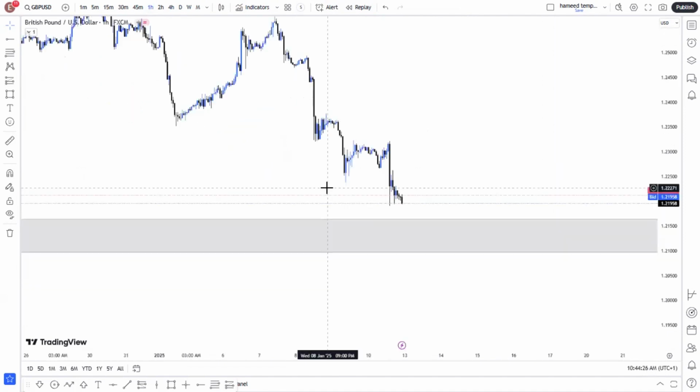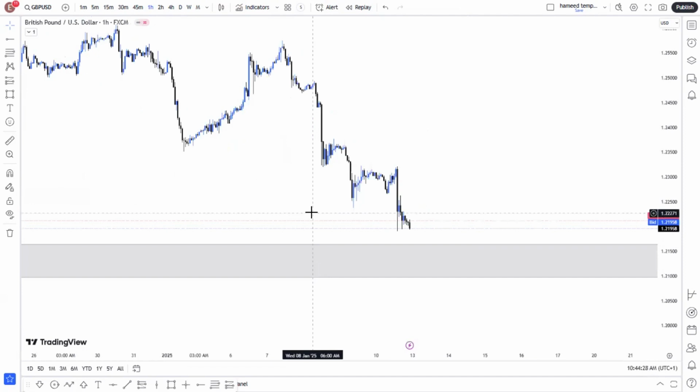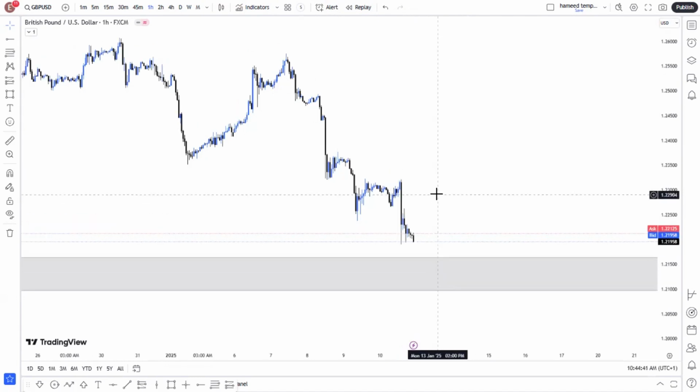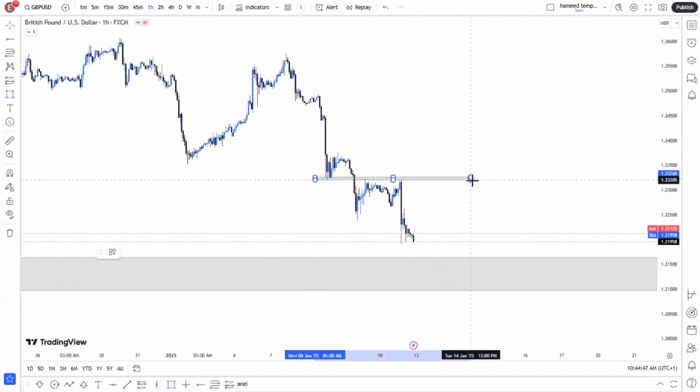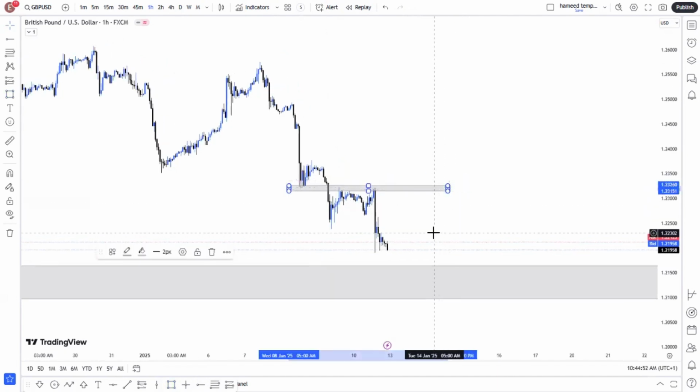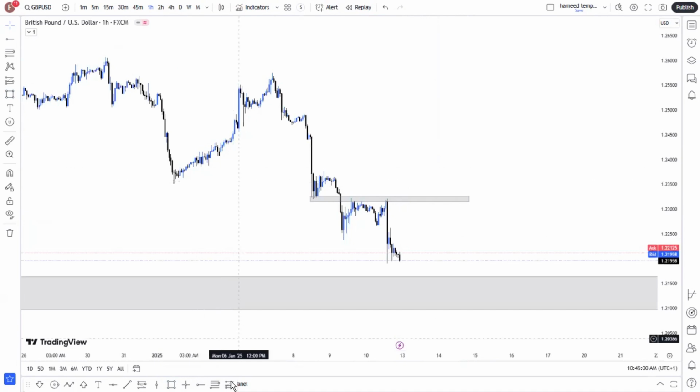But I'll be marking my zone so that if price retraces back to this level, the market may retrace back to this level before it comes down. So where will I be joining the trend? Let me say around here. This is a resistance zone here that I would love to enter a trade from.